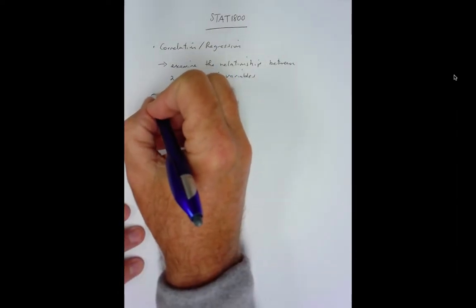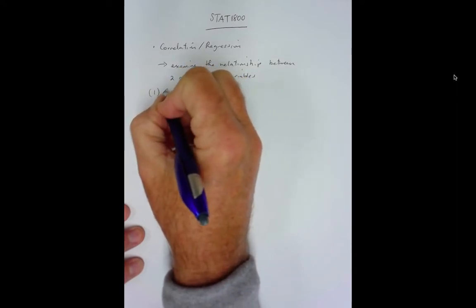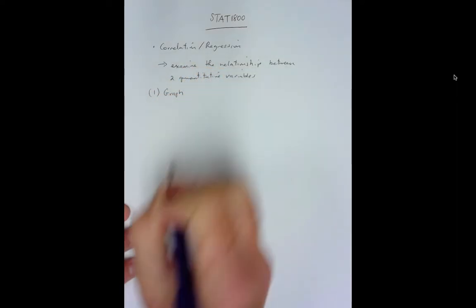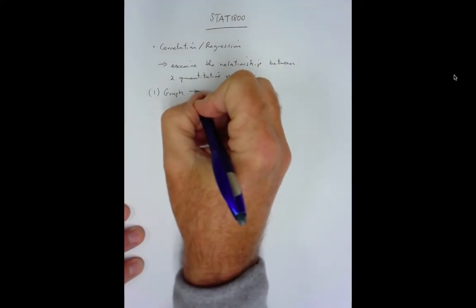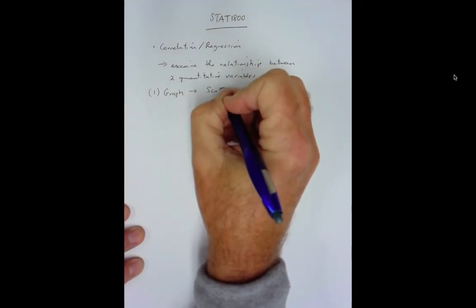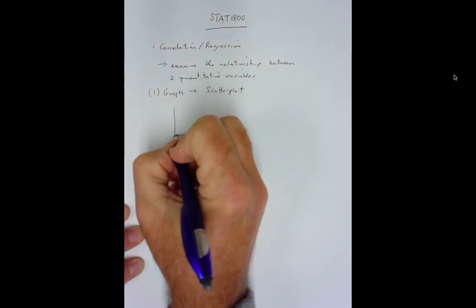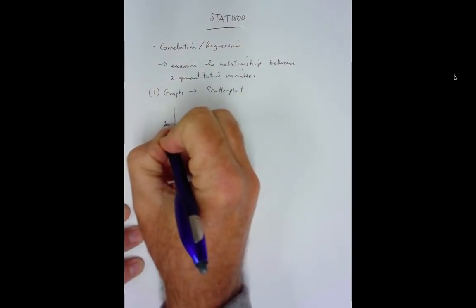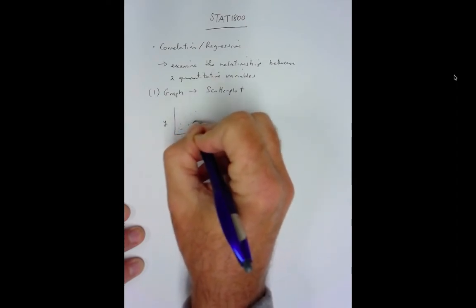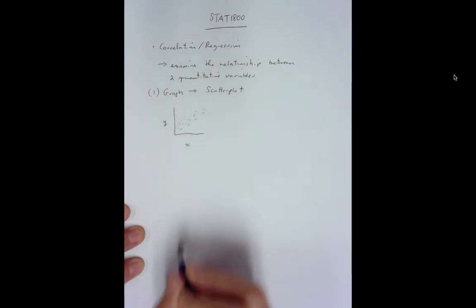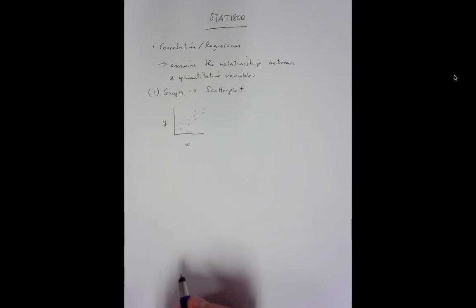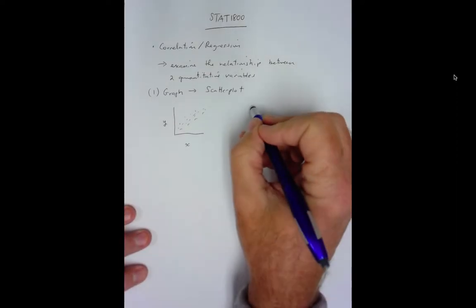The procedure I want you to think about in the simplest case is that I would first look at a graph, and the graph we look at in this case is a scatter plot. So we look at the relationship between x and y, and if we have something that takes on a linear pattern, then correlation and regression is the tool for you.